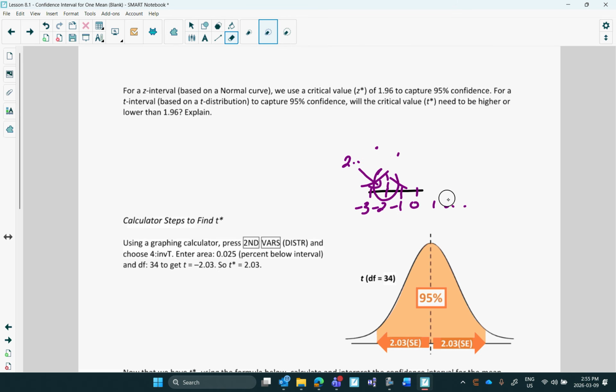Just to answer this question here: does the critical value need to be higher or lower?